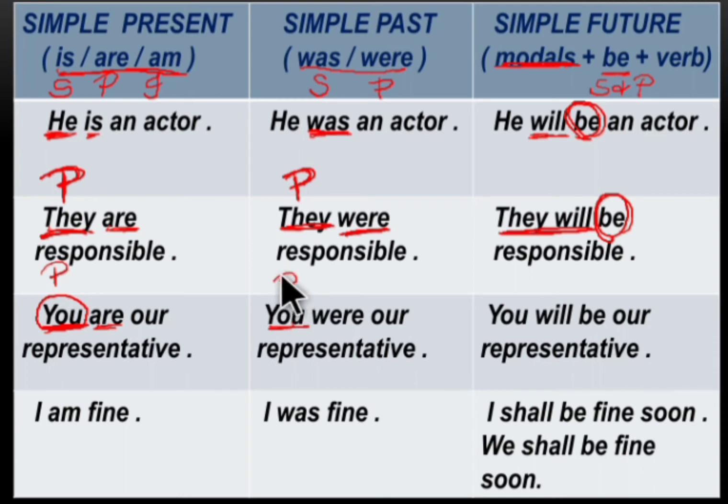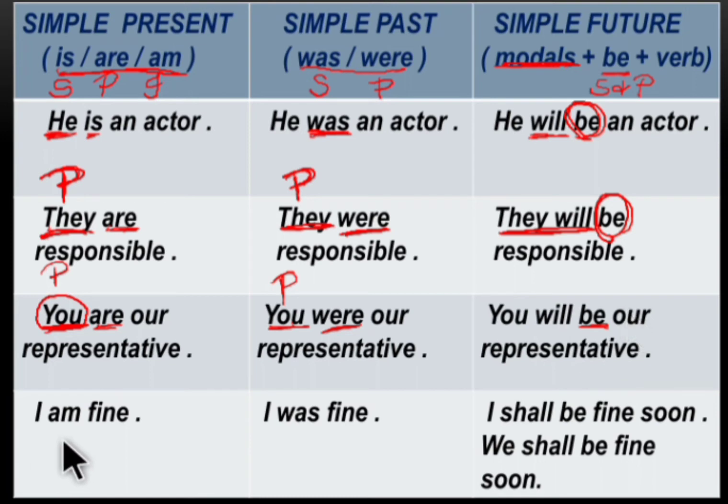We don't say you was, we say you were. So this were is the plural verb. And in the future tense, you will be our representative. You is the subject, the second person pronoun, and will is mandatory for the future tense, which denotes the future form, and be is the be verb. So you will be our representative.